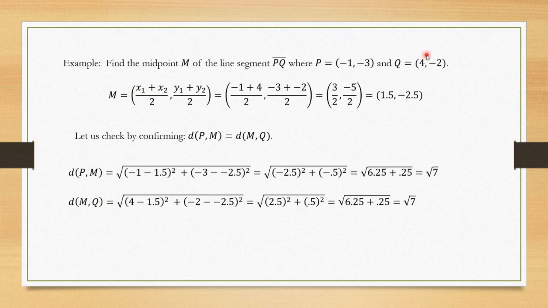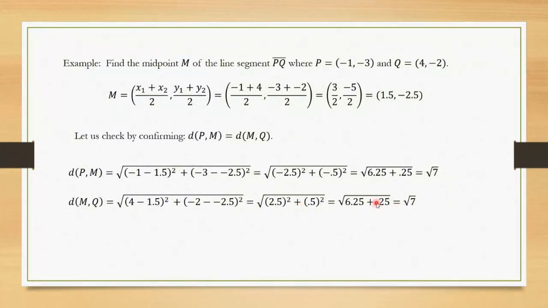From M to Q, same idea. We have 4 minus 1.5 squared, plus negative 2 minus negative 2.5 squared. This is actually addition, if you subtract a negative. I probably should have written this as addition, but hopefully you still get the idea. So we have the square root of 2.5 squared plus 0.5 squared, which again is radical 7.